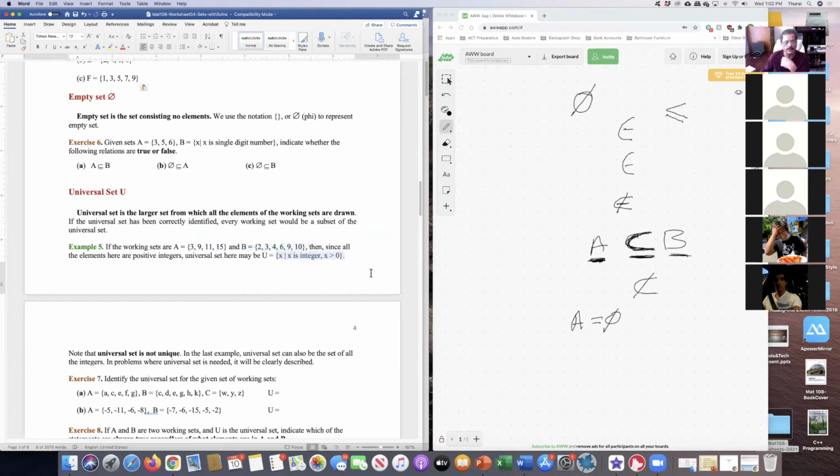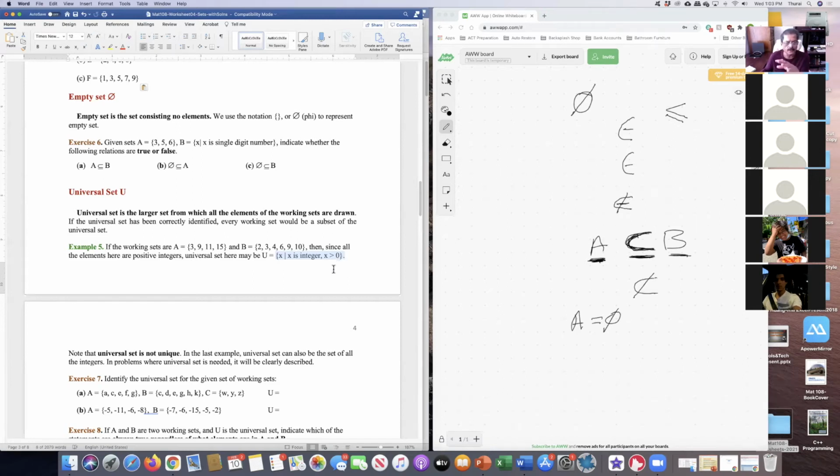Because I'm dealing with numbers and they are positive, not negative, the set of all positive numbers will be correct. Or even narrower, the set of all positive integers, because these are whole numbers. We don't have fractional numbers. So we can narrow it down to a smaller universal set.